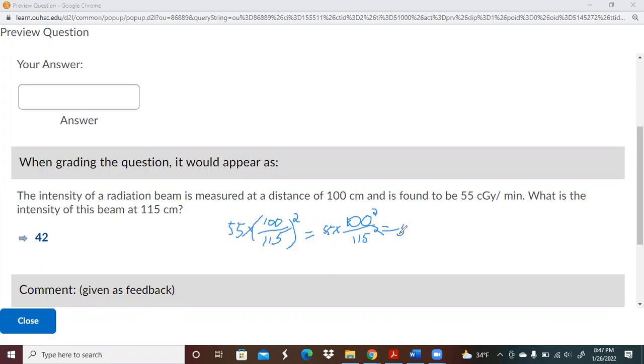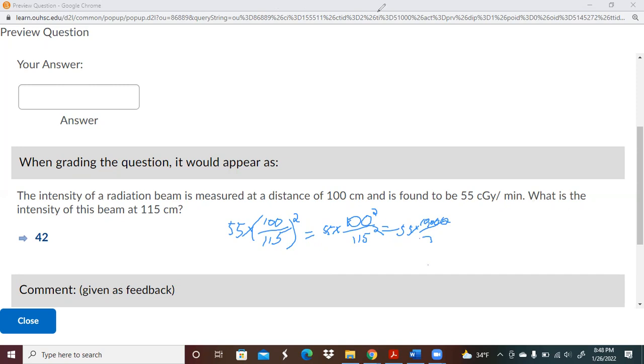So we've got 55 times 10,000 divided by 115 times 115. On the bottom here, you have 13,000.